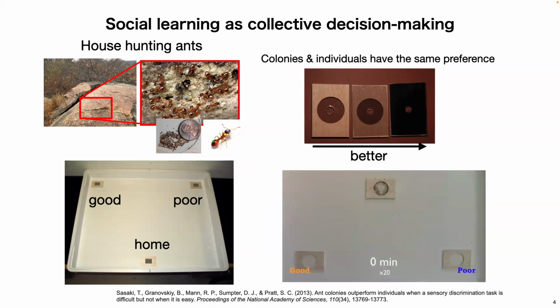In this case, there are two options, and we can study how they make decisions collectively, how they reach consensus, and how they can find better options among a wide range of options through learning or social learning and communication. In this case, they use tandem running mechanisms that can spread the information through the population.